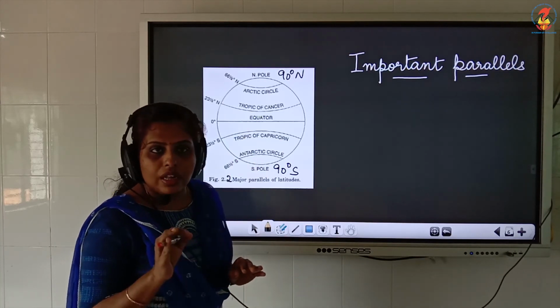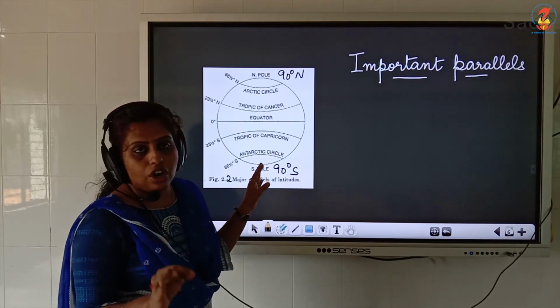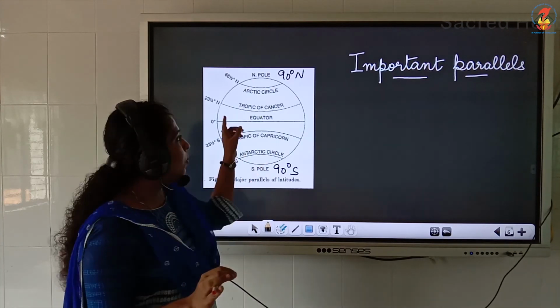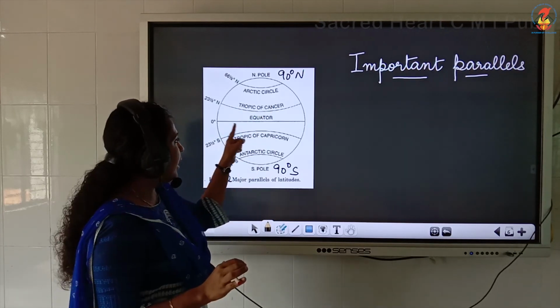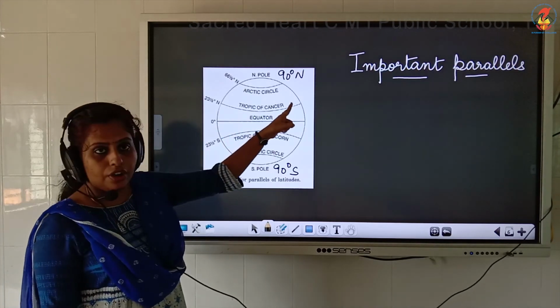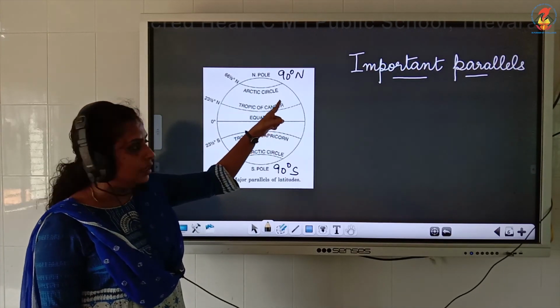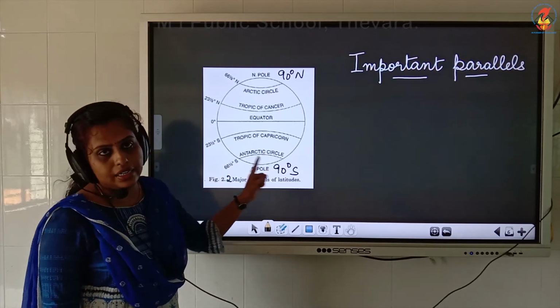You have to learn it clearly. This diagram is very important. You have to draw it yourself and learn it with the name of the parallel and its value. So the equator with the 0 degree. In the northern hemisphere, we have Tropic of Cancer and Arctic Circle. In the southern hemisphere, we have Tropic of Capricorn and Antarctic Circle.